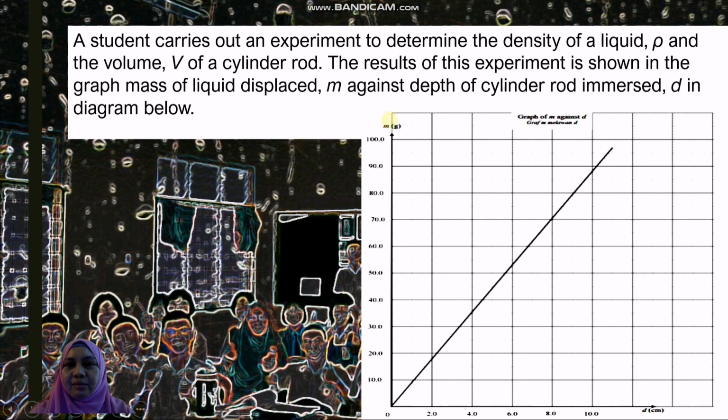So this is the graph related to the experiment, where on the y-axis is M in unit of gram, and on the x-axis we have D, which is depth, in a unit of centimeter.